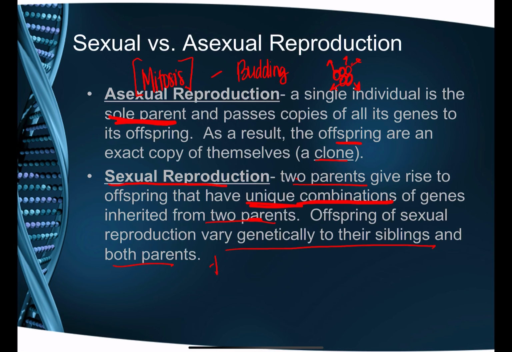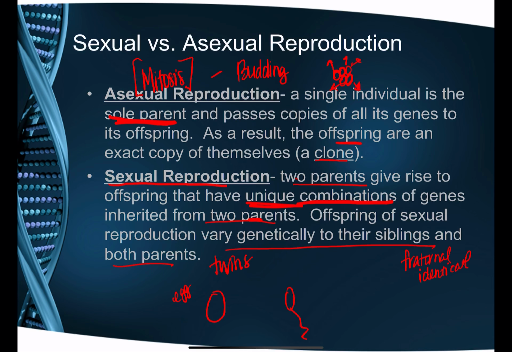Now, somebody's going to ask me about twins, because not all offspring are unique. Maybe there's a twin. So what happens in a twin? We know that twins can be fraternal or identical. So we've got the egg and we've got the sperm.